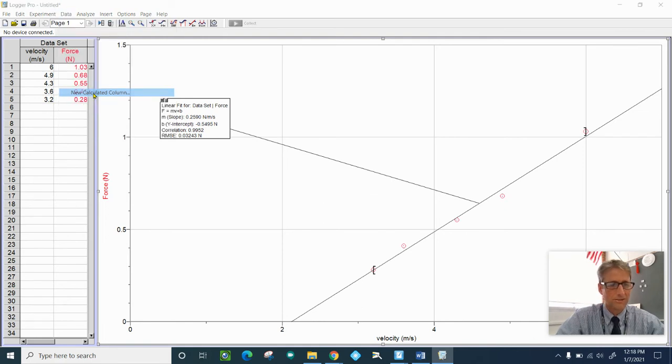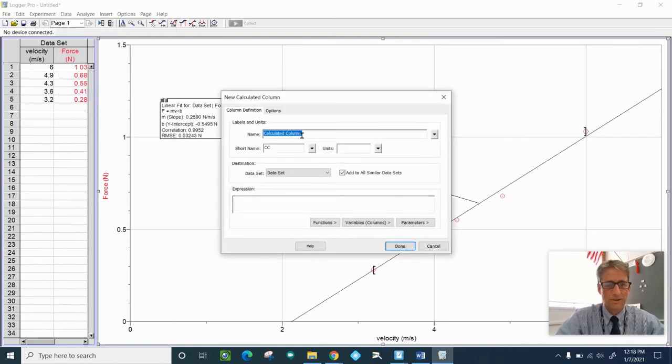So I'm going to hit new calculated column. It's going to ask me, what do you want to name it? I'm going to call it velocity squared. Caret 2. And we'll say this is V caret 2 for a short name. And we'll say this is meters per second squared caret 2. Squared. Okay. And then down here, I have to tell it to do that math.